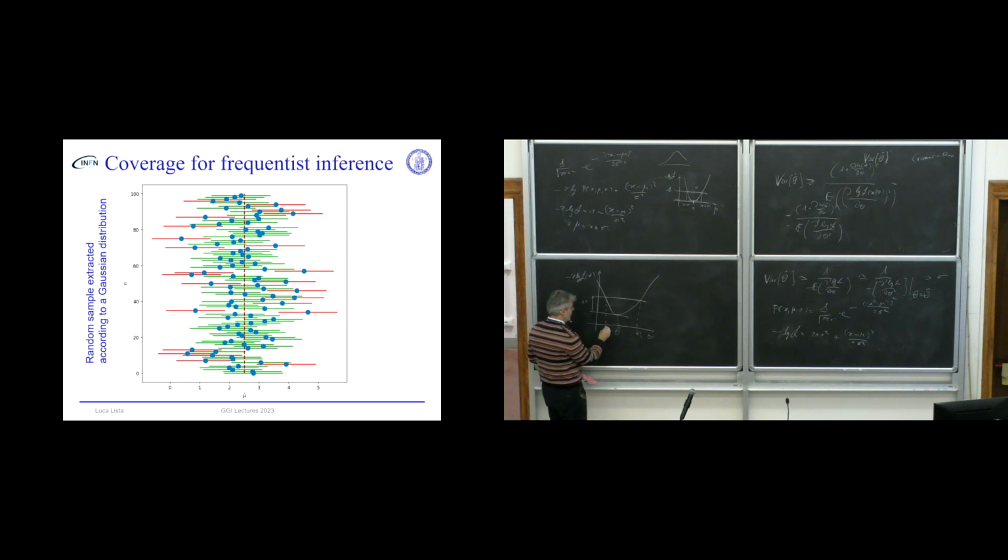So if this is the negative error, let's say delta theta minus, and this is delta theta plus, this may be not exactly equal as you have in the case of Gaussian approximation. In this case, what do you quote? You quote theta equal to theta hat plus delta theta plus, minus delta theta minus.